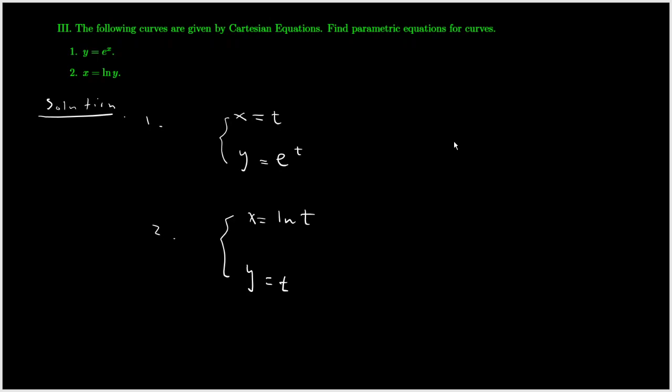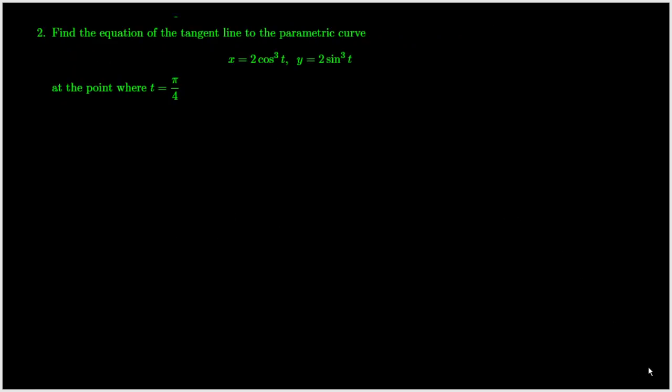That's question 3. Okay, now you look at the question on the screen. In this question we're trying to get the equation of the tangent line to a parametric curve at a point. The point is determined by t value of pi over 4.